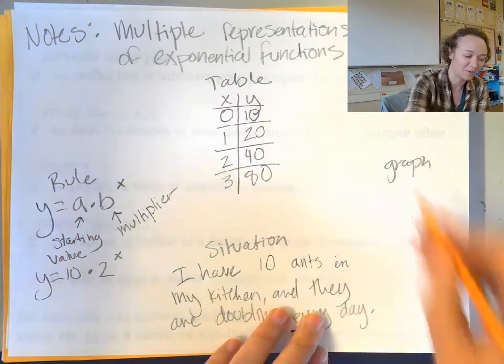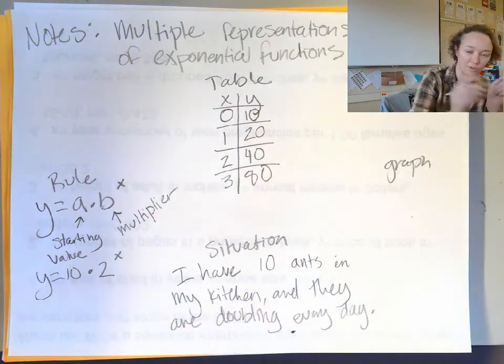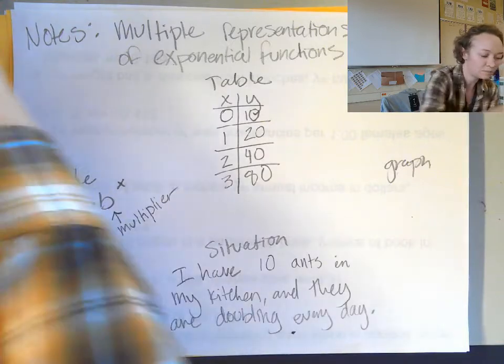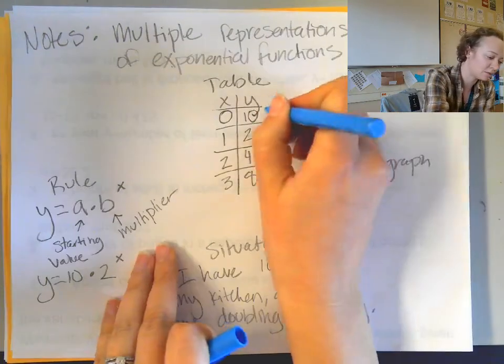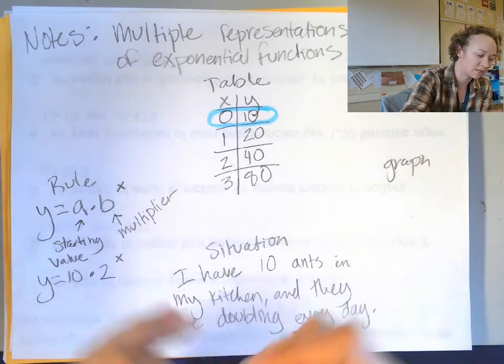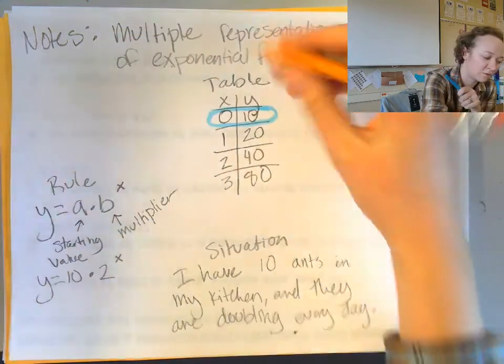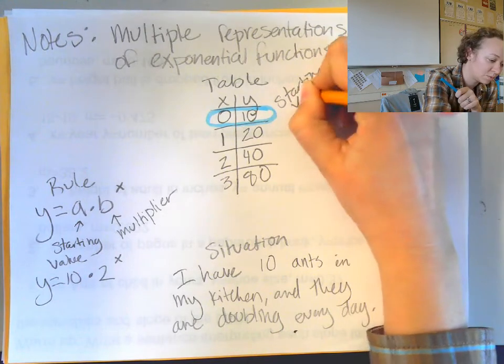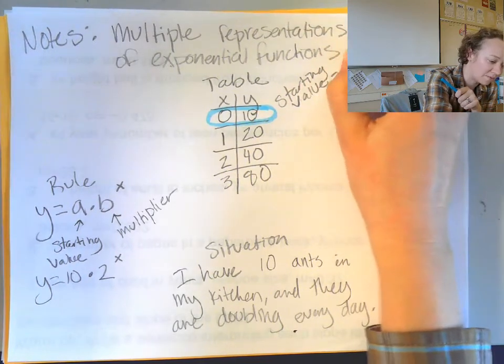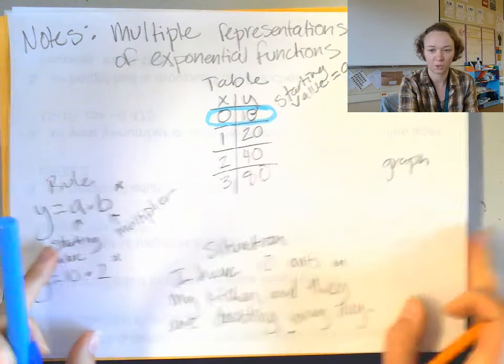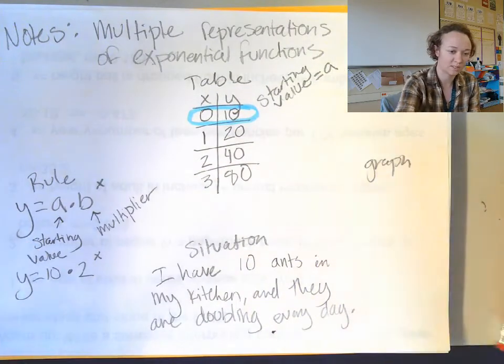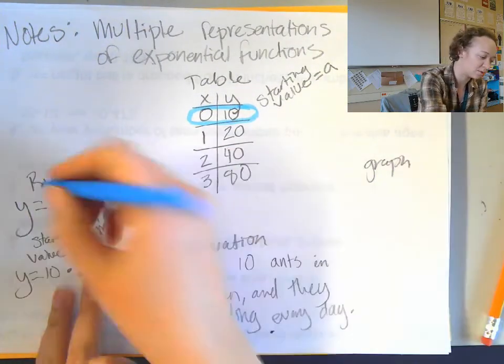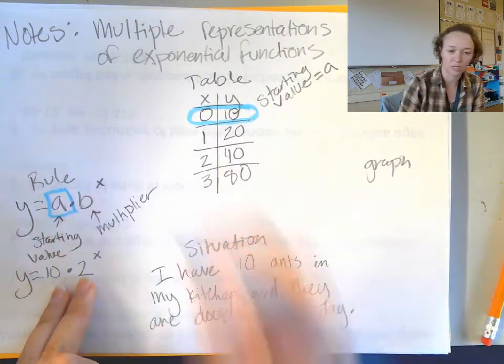Okay, then let's label what's going on here. This value right here, that is my starting value, which is otherwise known as A. That is the same A that is right over here.